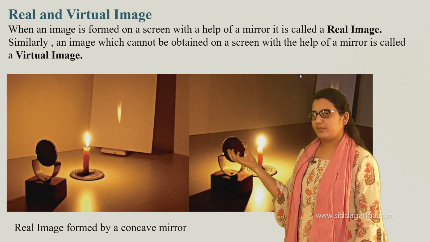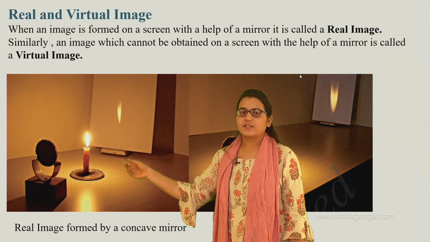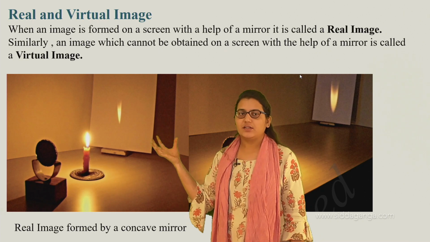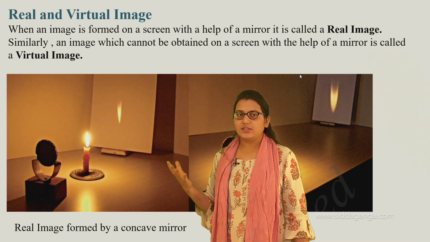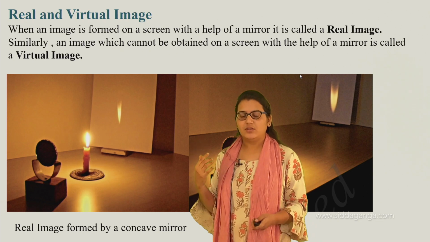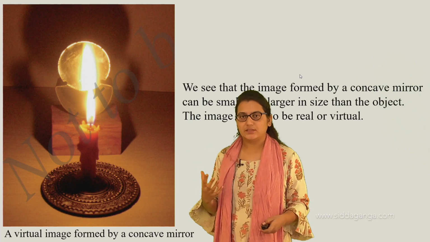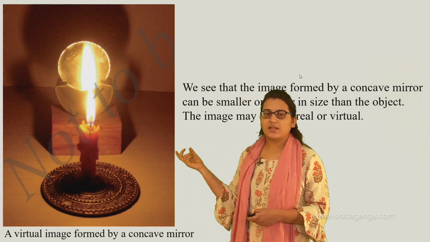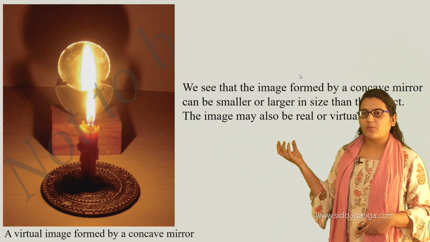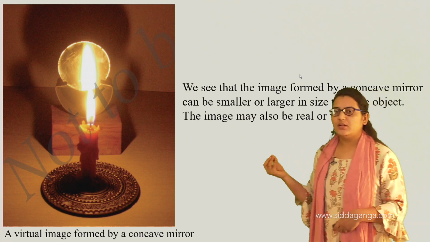So these are the real images. Real images mean the images which we can obtain on a screen. If we keep a screen here and obtain these images, these are called real images. Similarly, an image which cannot be obtained on a screen with the help of a mirror is called a virtual image. Virtual means which is not real. In this example, we see that the image formed by a concave mirror can be smaller or larger than the object.